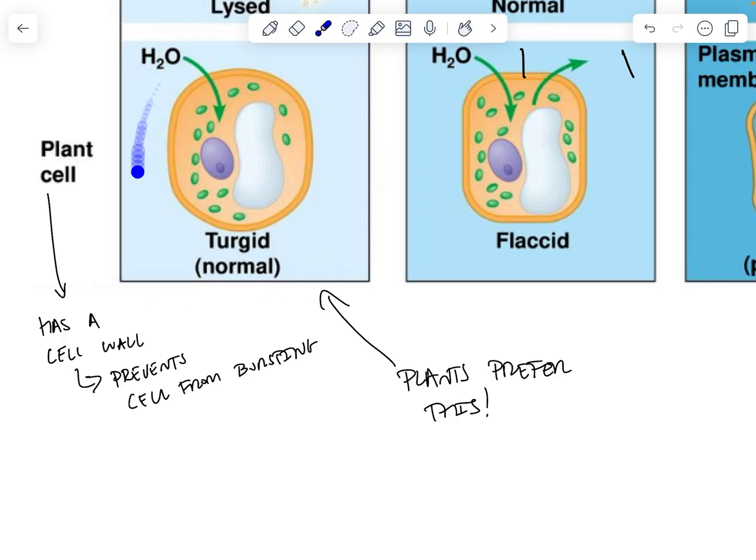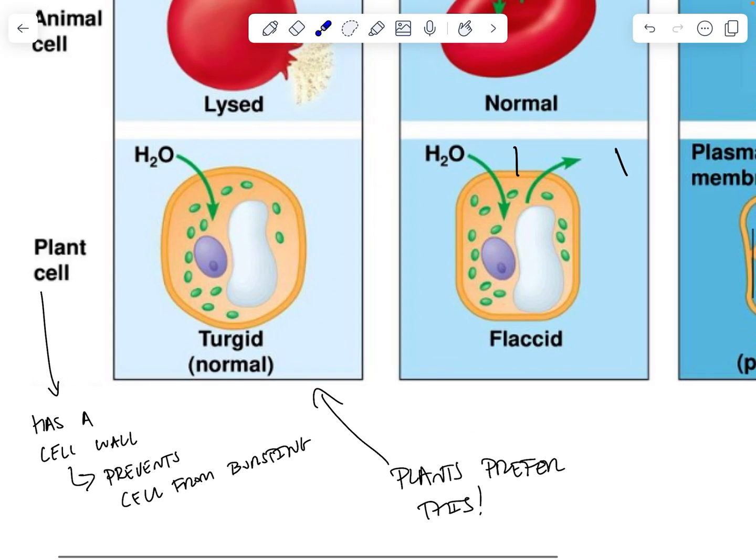They like to be in a situation where there is always water pressure on the outside of the cells pushing to get into the inside of the cells. This creates a state called turgid, and the plant is happy and very upright.